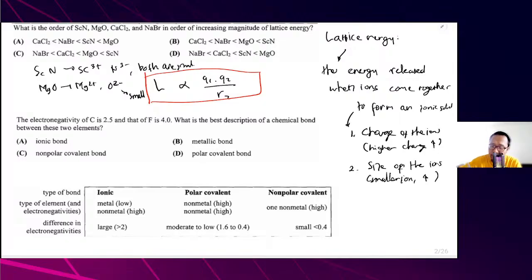How about CaCl2? Ca is 2 plus, Cl is minus. Cl is bigger than O and N because it has more shells.